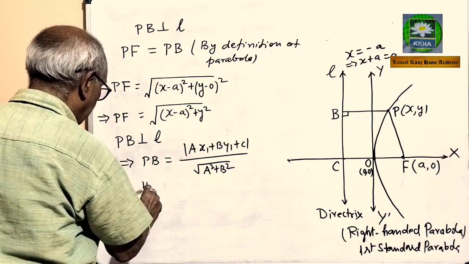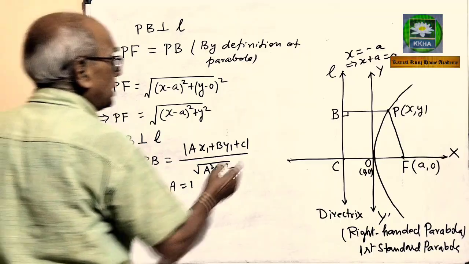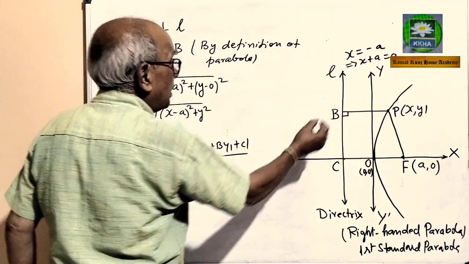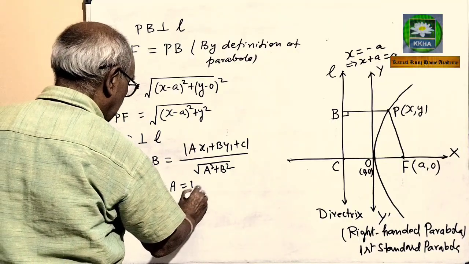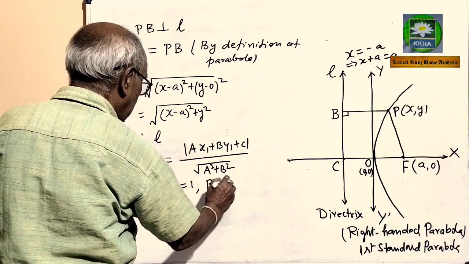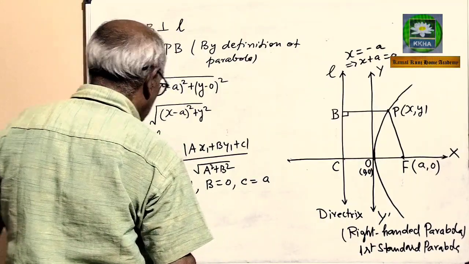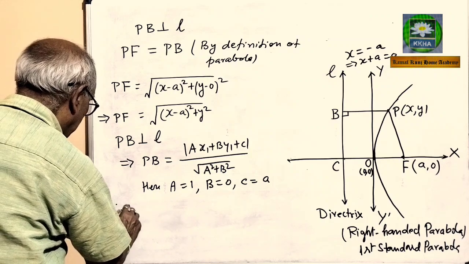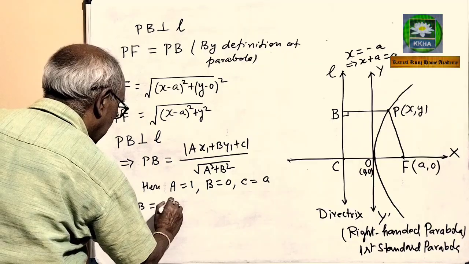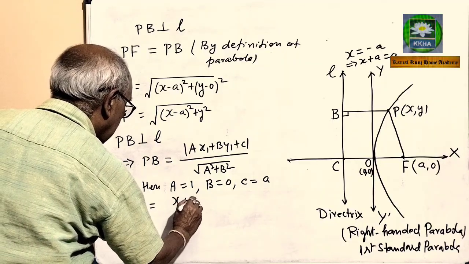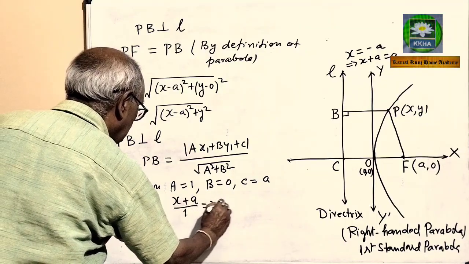Now here A is equal to 1. The equation of the directrix is x plus a equal to 0. So A equal to 1, B is equal to 0 and C is equal to a. Therefore PB will be equal to x plus a by 1, that is x plus a.